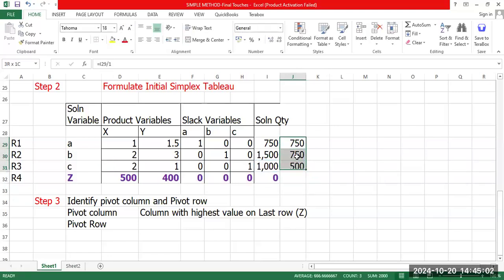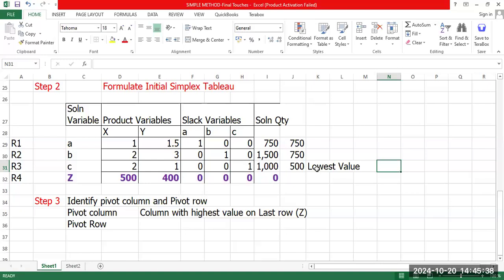After getting these values, you only focus on where you have constraints. From these 3 values, choose the lowest. Where you have the lowest value, that row will be your pivot row.